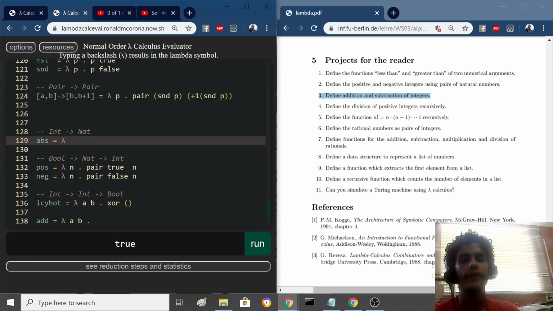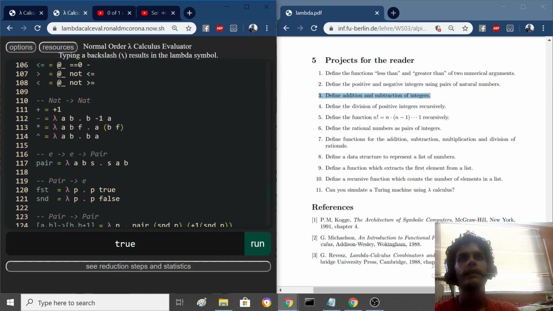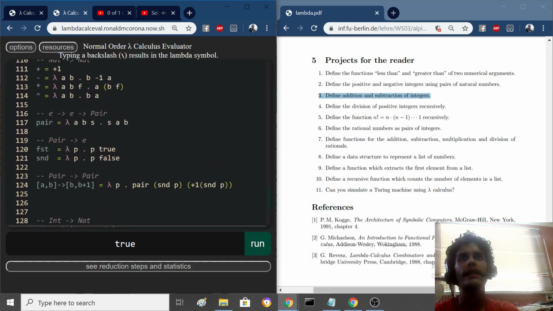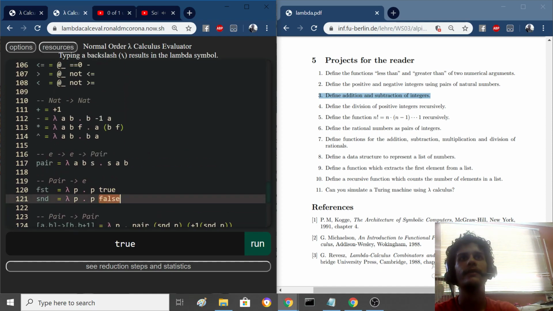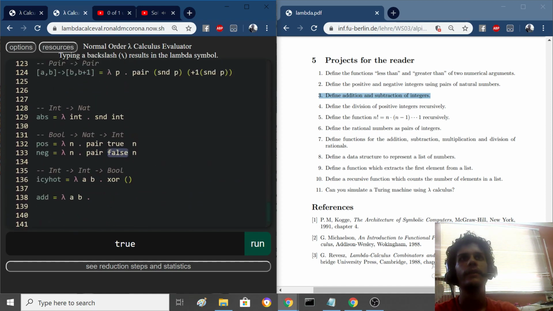I'll do it this way first, right? It takes an int and it's going to give us the second of the int, right? Because we already know that that's how ints are defined, right? As pairs, and the first one is the, where is it? Right here.